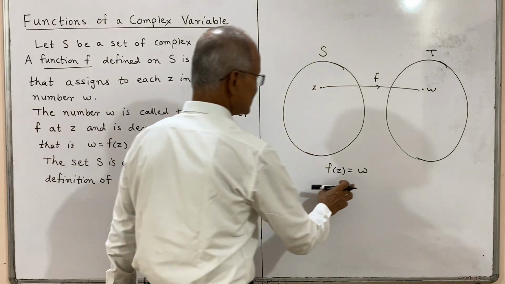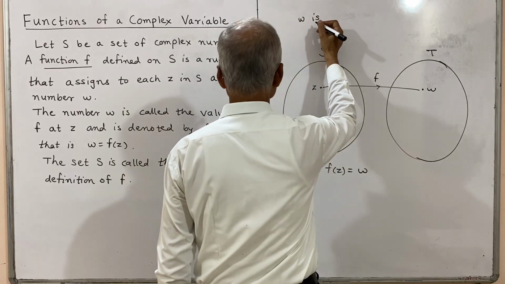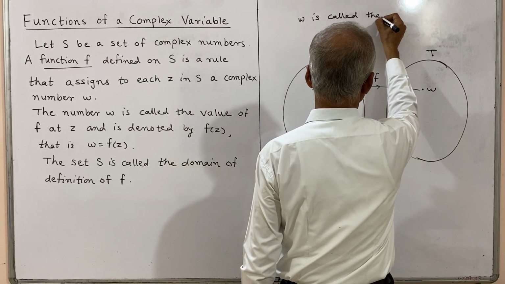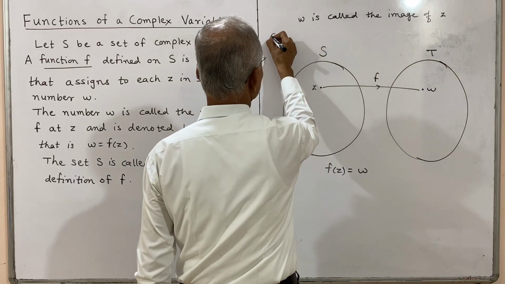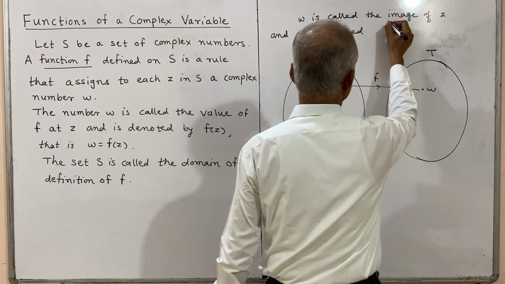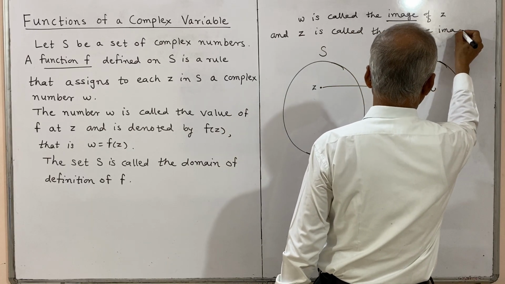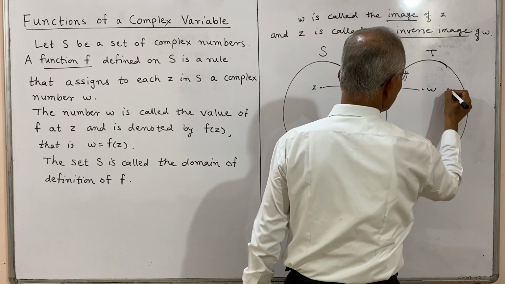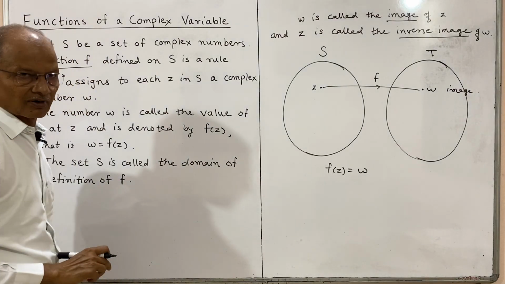This w is called the image of z, and z is called the inverse image of w. So w is the image, while z is the inverse image of w.